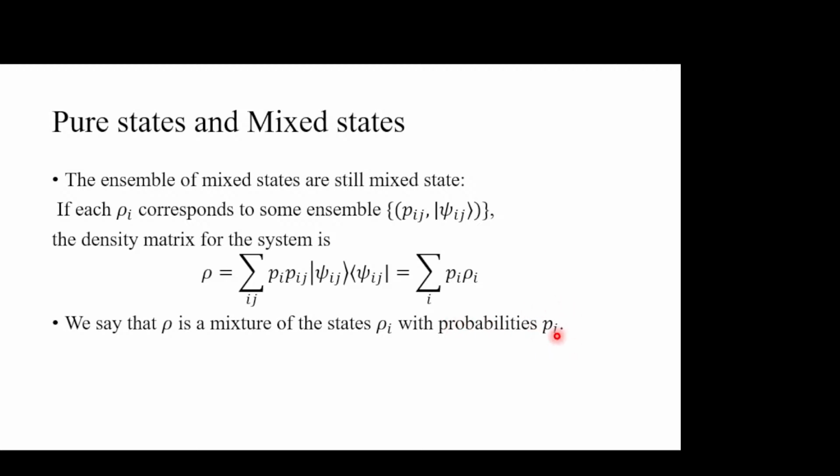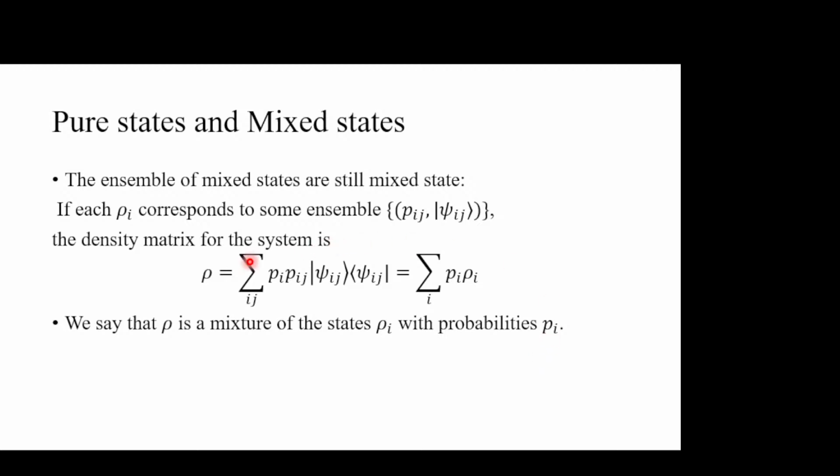We are given a probability mixture with probabilities p_i of density matrices rho_i, and each density matrix also corresponds to some ensemble p_ij and psi_ij. So each rho_i is mixed with respect to this index j. We have these two levels of mixture: with p_ij, we mix those psi_ij together into rho_i. Then we have those rho_i mixed together with probability p_i.